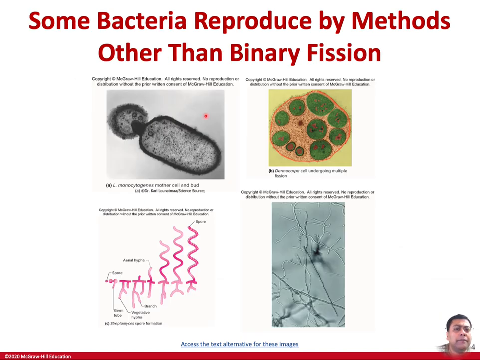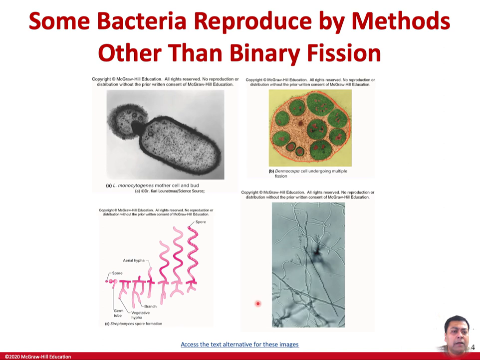So at top left, you are seeing a budding Listeria monocytogenes mother cell, and the bud is being formed. On the other hand, here you can see the baeocytes produced by this cyanobacterium, named Dermocarpella, and multiple individual cells are being formed, and they will come out from these cells.